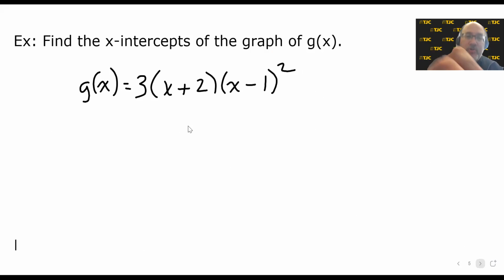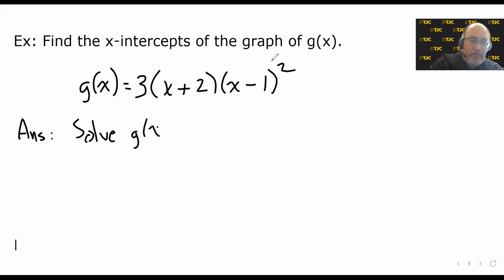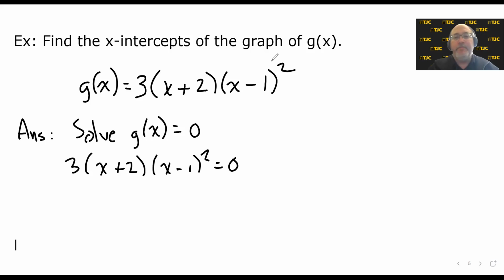We're going to do this the same way we did the other one. We're going to solve g of x is equal to 0. So let's put the function equal to 0. 3 times the quantity x plus 2 times the quantity x minus 1 all squared is equal to 0.